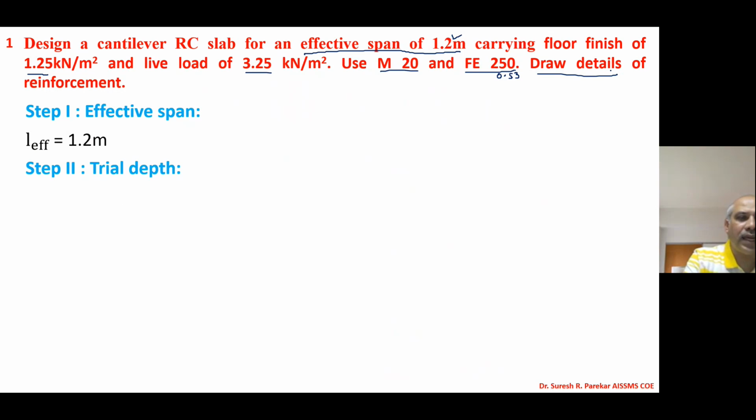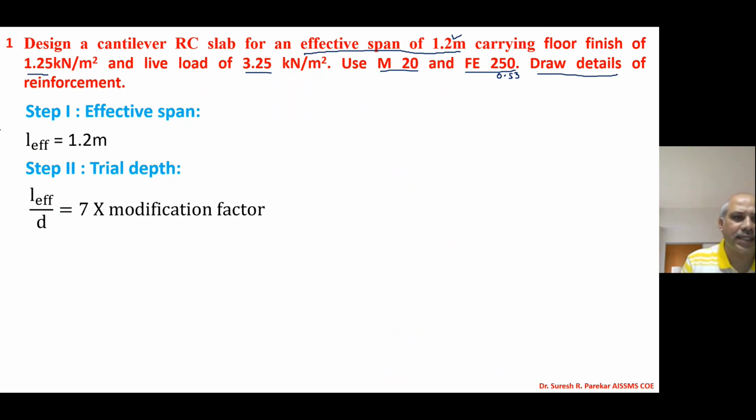Step 2, trial depth. Now L effective upon 7 into modification factor, and we know we have these values, that is 7, that is given on page number 38. So if we go to page number 38, clause number 23.2.1.